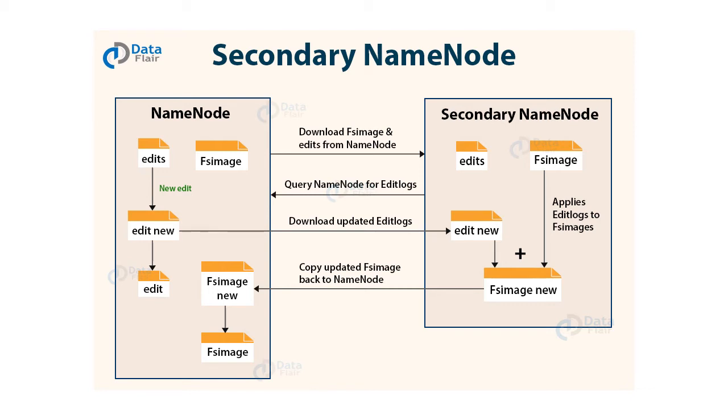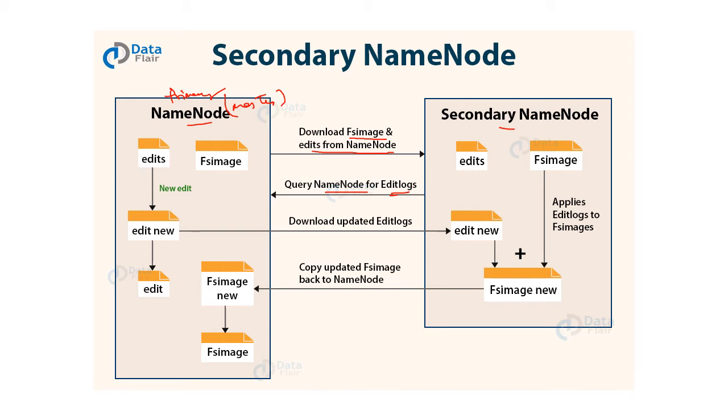Here we are having primary name node and secondary name node. So this is the primary name node, that is the master node. From the master node, the secondary name node will download the fs image and edits from the primary name node. And it queries name node for edit logs.